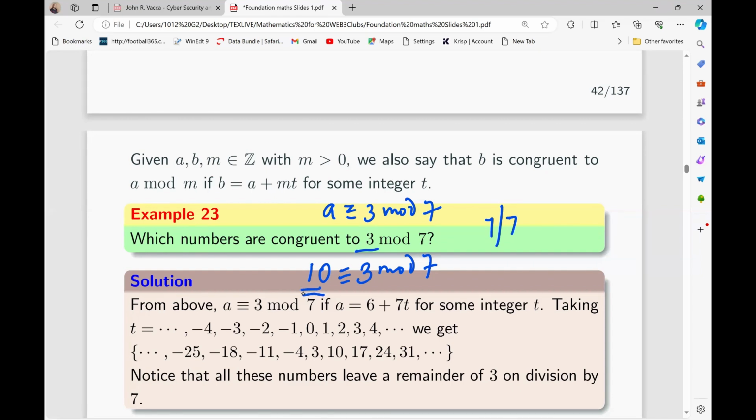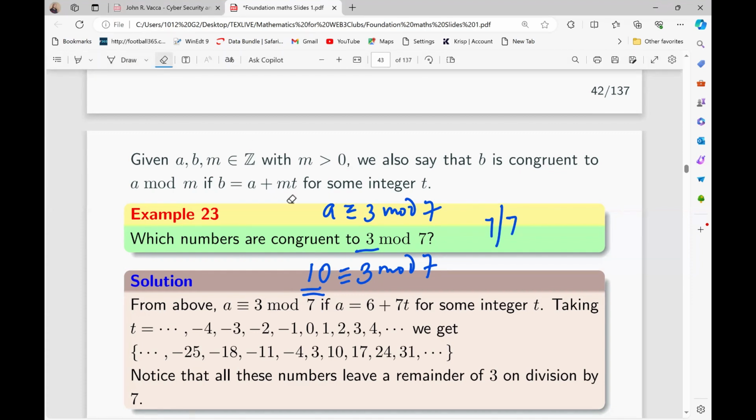So the question is, which numbers are congruent to 3 mod 7? There are so many numbers which, if 3 is subtracted from them, the result will be divisible by 7. That is how I would do it using the first definition.